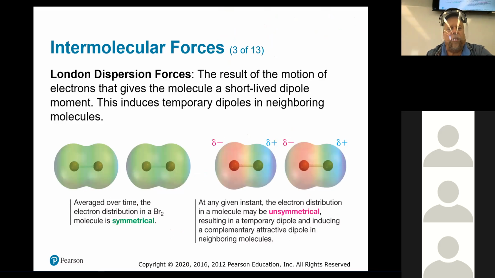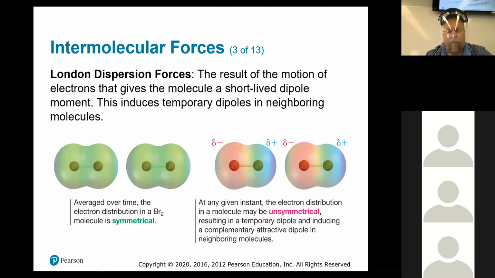London dispersion forces. This is a better example of the London dispersion forces. See what I mean regarding that with bromine? It's symmetrical, so it's not polar, but at a given instant the electrons will flow around and you'll get oriented positive and negative regions. That's why it's a liquid at room temperature, because of these interactions that hold it together, and also why iodine is a solid.